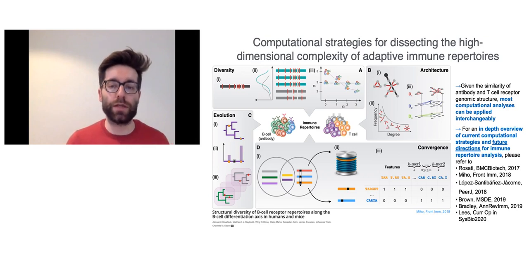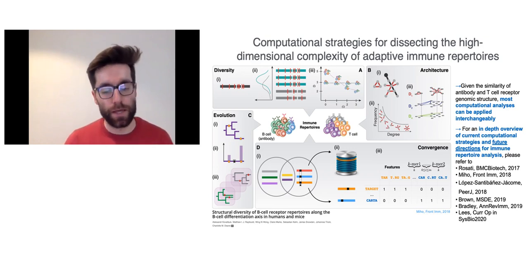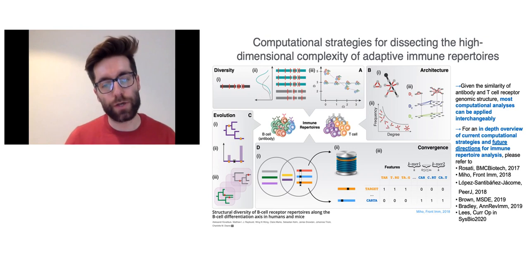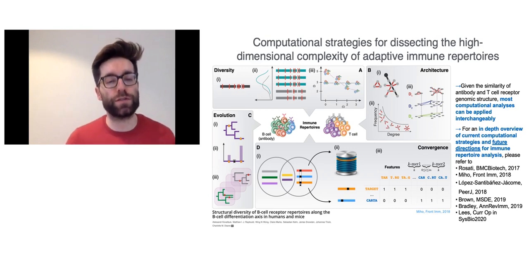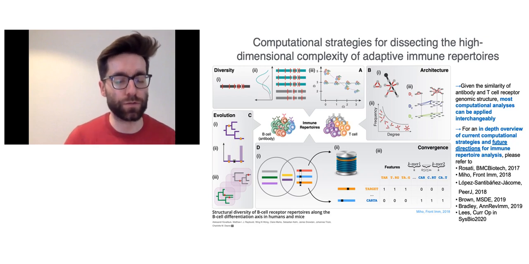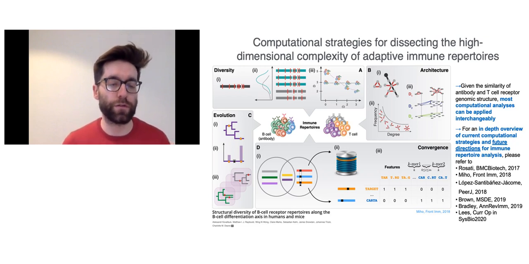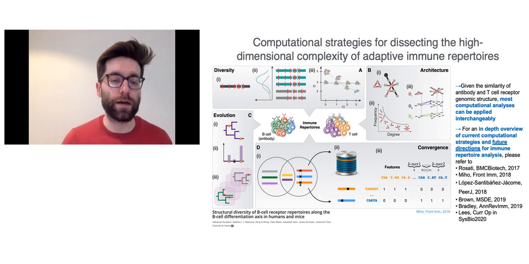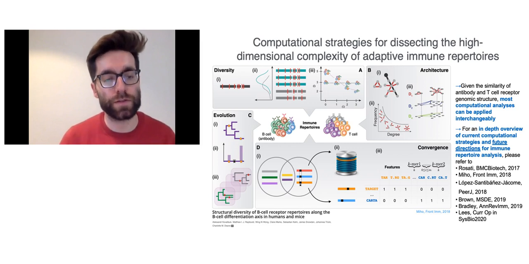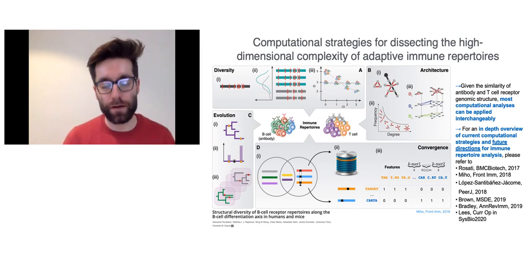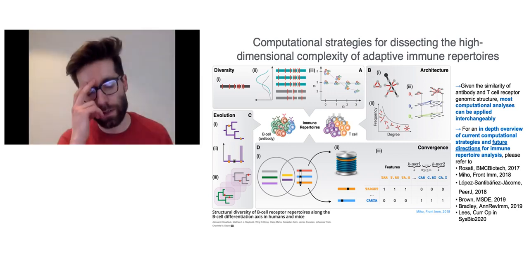What I'm not showing here is also a field that has been pushed by the Charlotte Deane lab, the structural diversity of entire B-cell receptor repertoires, which is on the very lower left of the slide. There are many papers on this from the Deane lab, which I warmly invite you to discover, and there's also another group of which I'm lapsing on the name now.